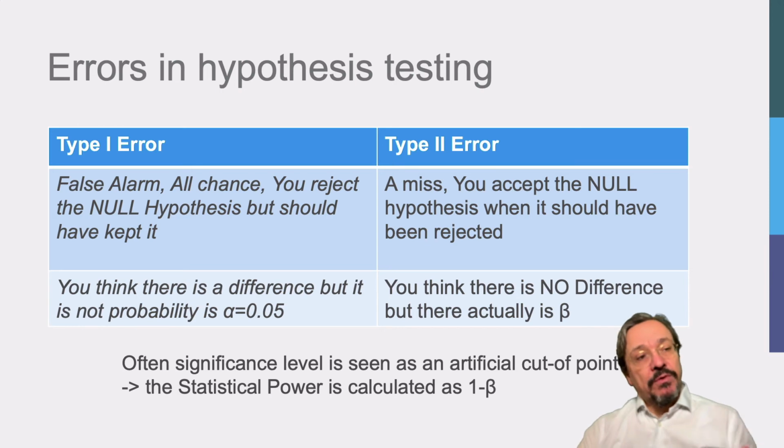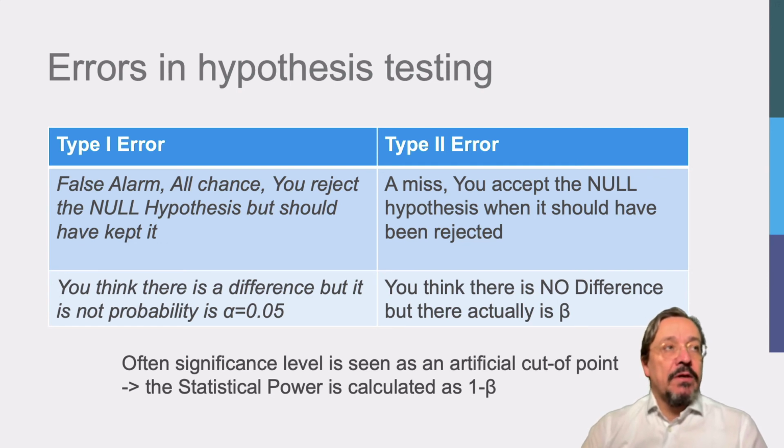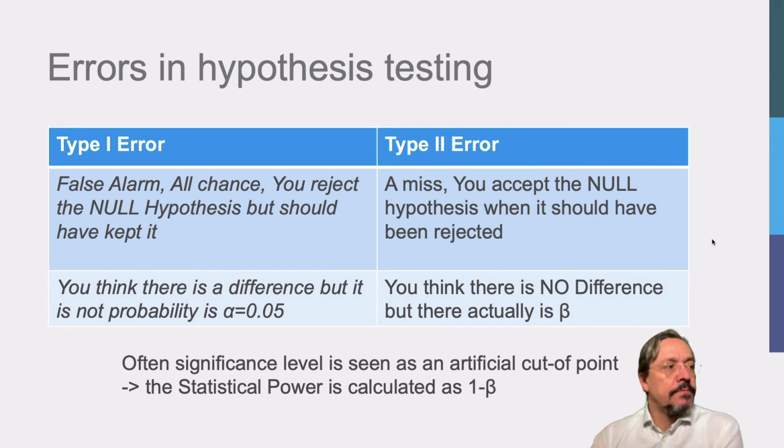But back to the basics: what does it mean if you test for significance? Let's say you take an alpha level of 5%. You take a 5% chance that you might make a mistake. In the so-called type 1 error, you reject the null hypothesis, but you should have kept it. So there's a 5% chance for that. In the type 2 error, you basically have a miss.